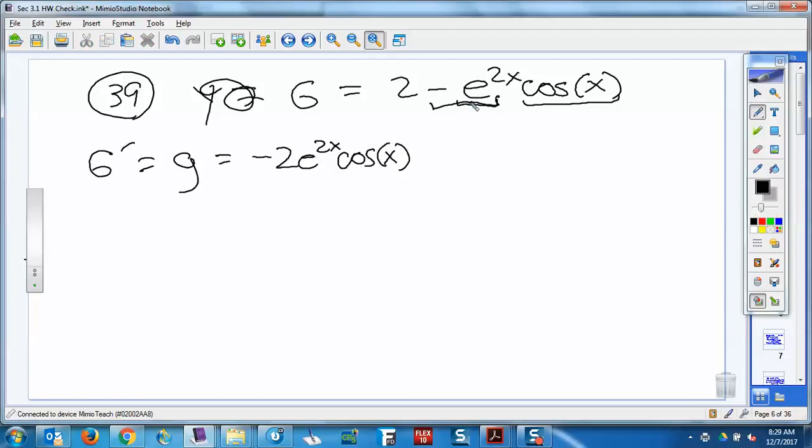And then plus the first left alone, which will turn it to a negative, e to the 2x. So that way I didn't have to think about distributing it. I just thought of the negative attached to that. And then the derivative of cosine is negative sine, which will turn that to positive, because I'm timesing negative sine, so that negative times negative will turn to positive. And we'll get that. And then I look at their little g, and is that the same thing?